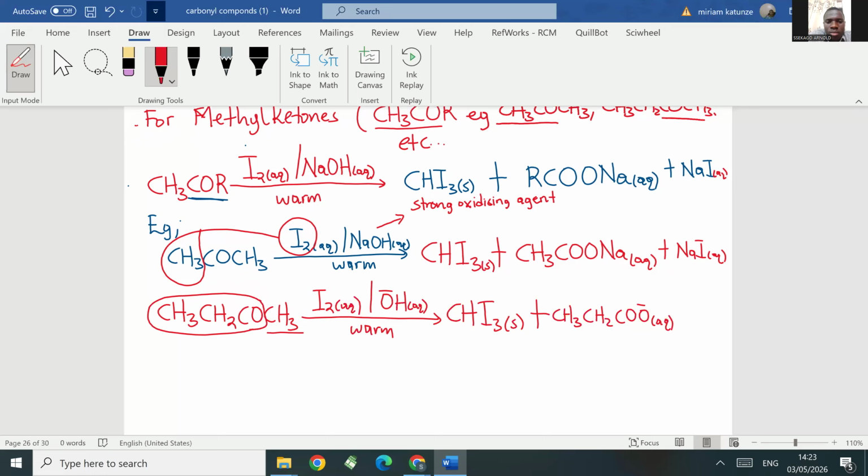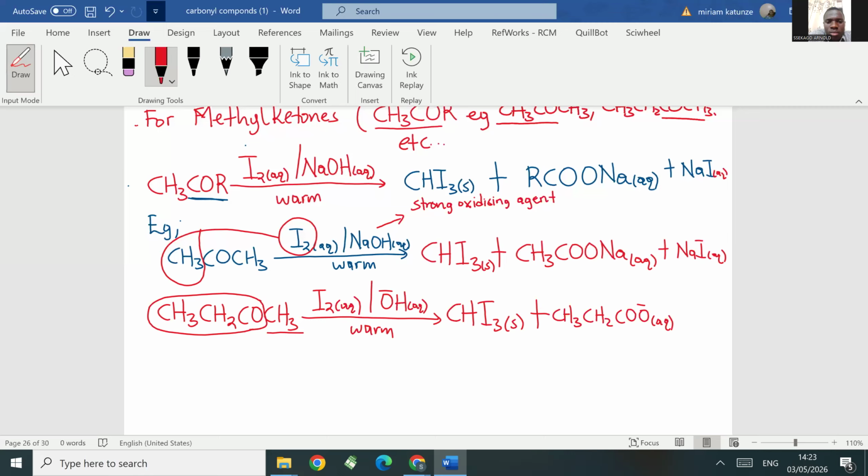They are going to teach you that in organic chemistry. Now, a mixture of a halogen, iodine, in alkaline condition removes this part, it splits this compound. That's how powerful it is. It splits this compound so that oxidation occurs.